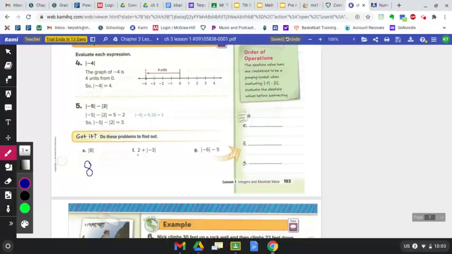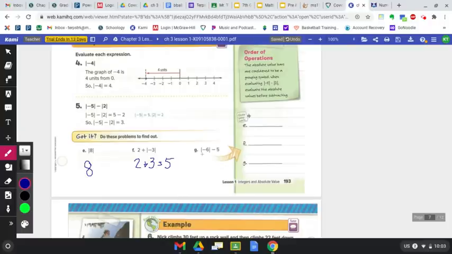Now, in F, notice that it's 2 plus the absolute value of -3. So the first thing I want to do is evaluate the absolute value of -3. So really this problem would be 2 plus, and we should know the absolute value of -3 is 3. 2 plus 3 would equal 5.